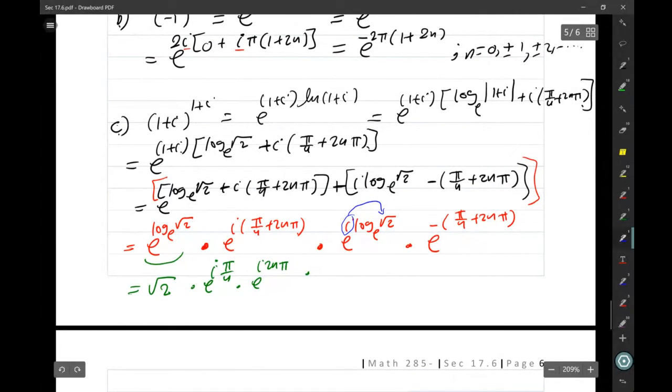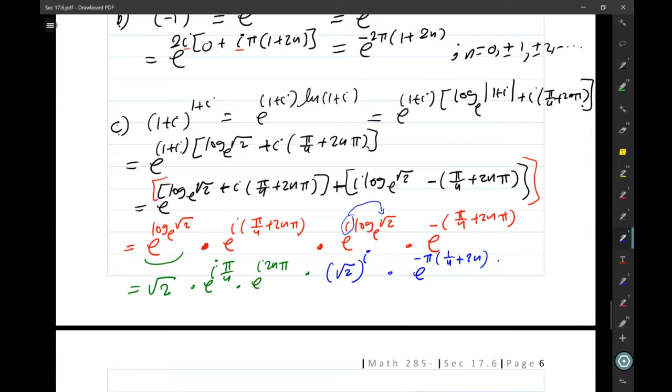So you will have e to the power logarithm e with square root to the power I. So that becomes square root to the power I, times here e to the power minus pi of 1 by 4 plus 2n pi. I took 2n, sorry, I took pi as a common factor outside.